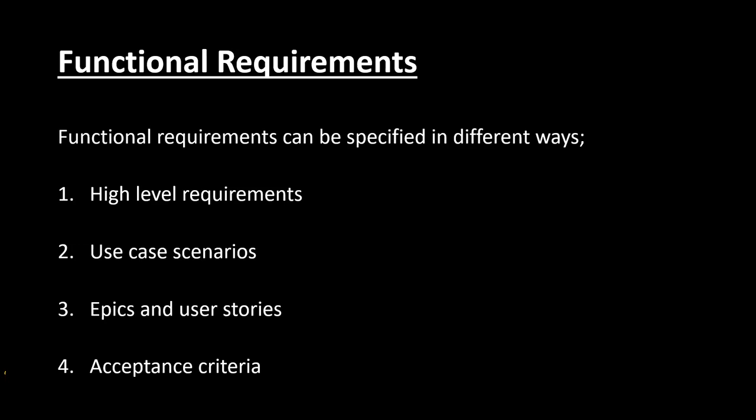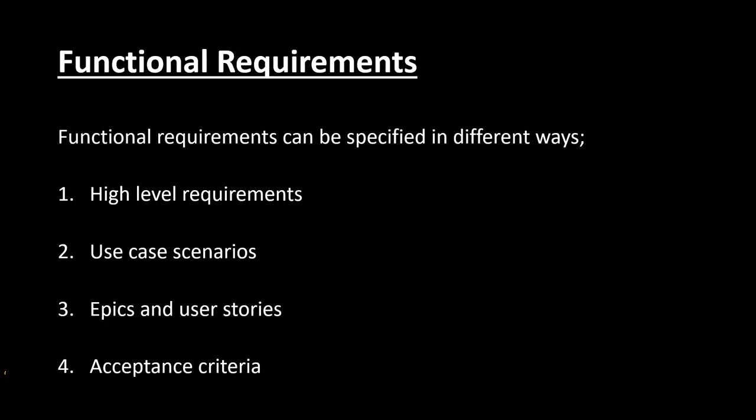So an example of a high-level requirement is that users should be able to log in with their email address and password. That is a high-level requirement, right? But if you are to go granular into epics and acceptance criteria or into use case scenarios, which are granular or low-level requirements that we communicate to the engineering team, we'll say a user should be able to log into the application with their email address and password when they are on the login page.